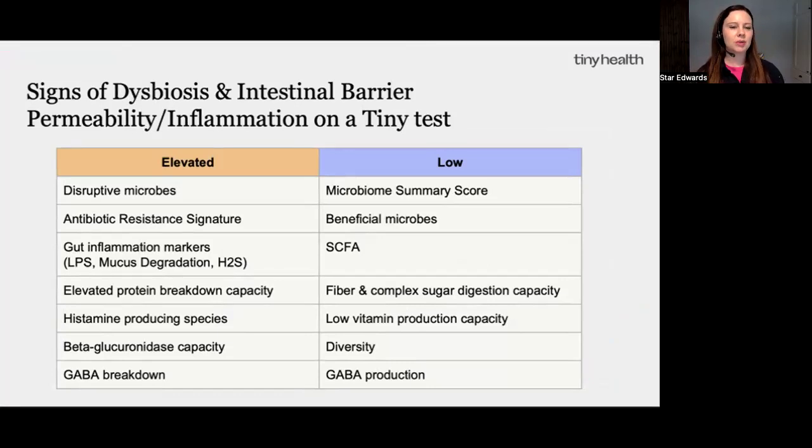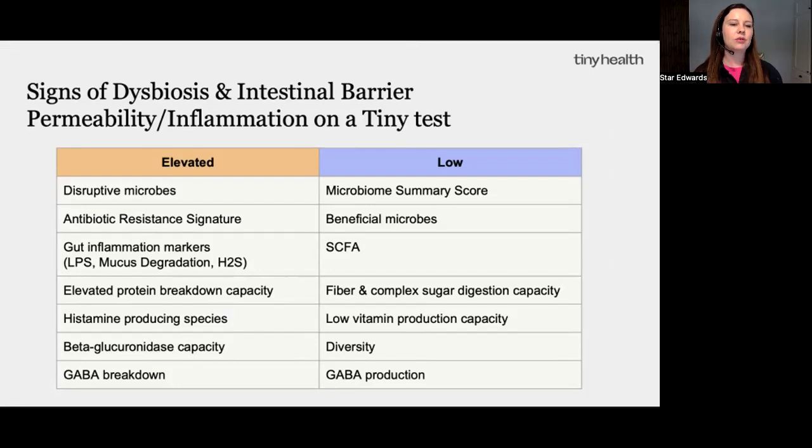And it's really going to depend on which disrupting factors these athletes have been exposed to and the type and intensity of the exercise that they do. But I want you to remember that all roads lead back to intestinal barrier permeability and inflammation. Whether you're an athlete or not, those gut disrupting factors will lead to intestinal barrier permeability and inflammation. That's what we're looking for in the microbiome, and that's what we want to correct.